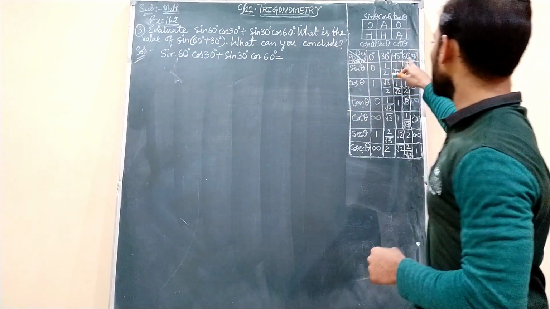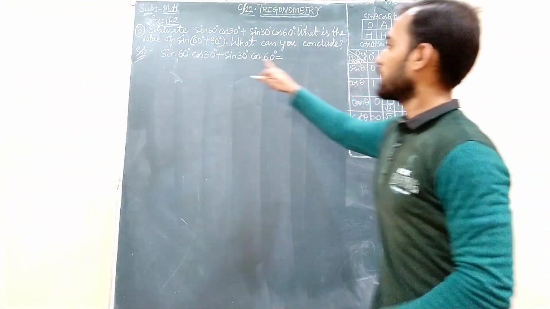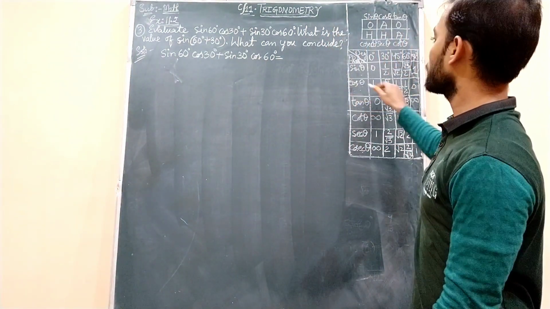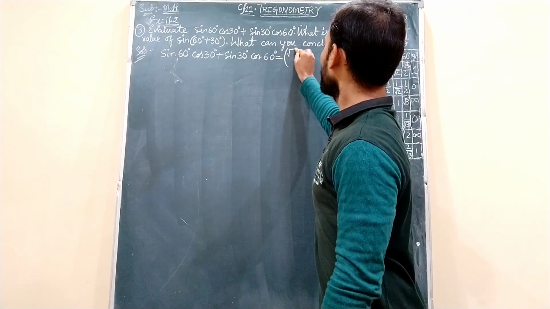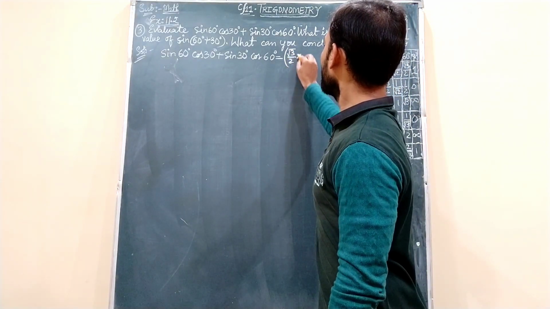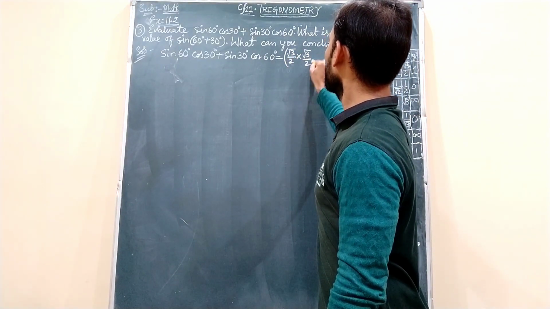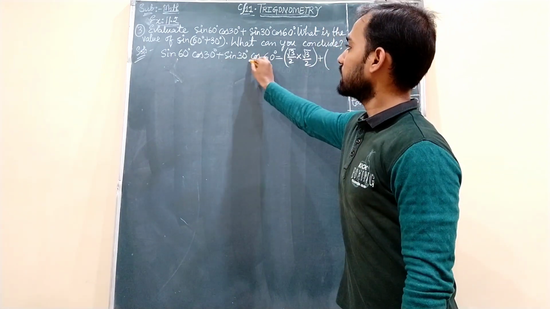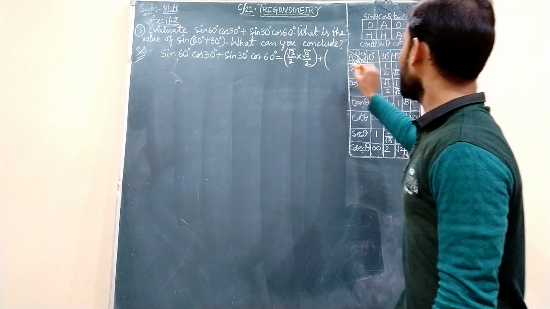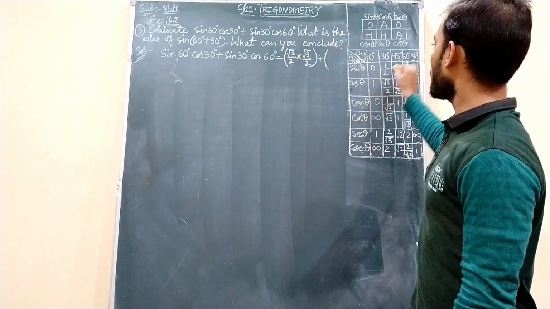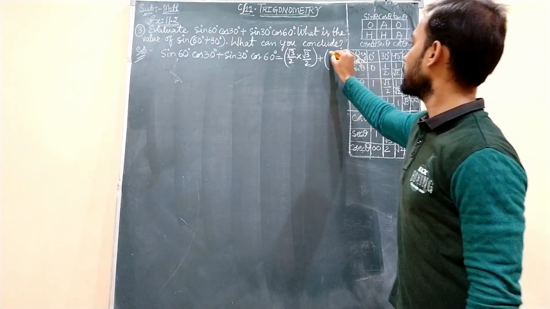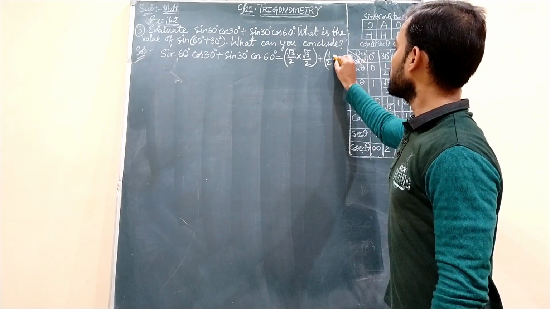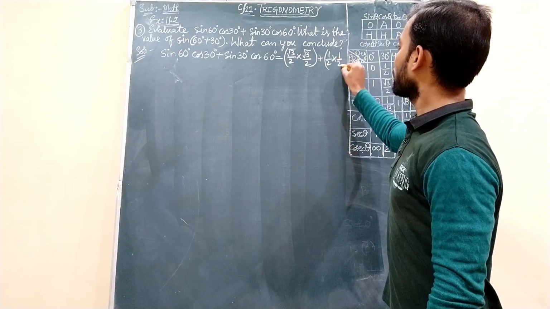Sin 60 degree is root 3 by 2 and cos 30 degree is also root 3 by 2. So root 3 by 2 into root 3 by 2 plus sin 30 degree into cos 60 degree. Sin 30 is 1 by 2, cos 60 is also 1 by 2. So here 1 by 2 into 1 by 2.